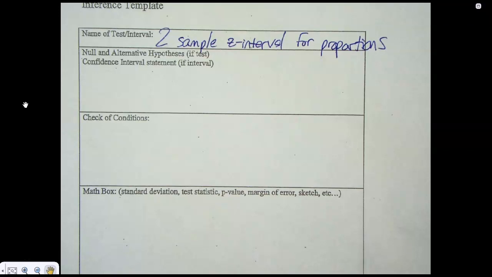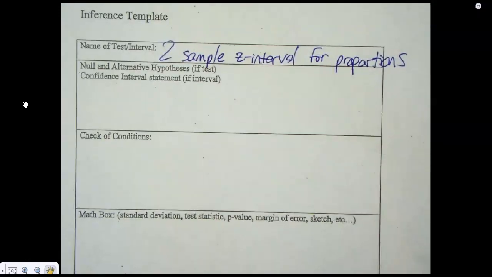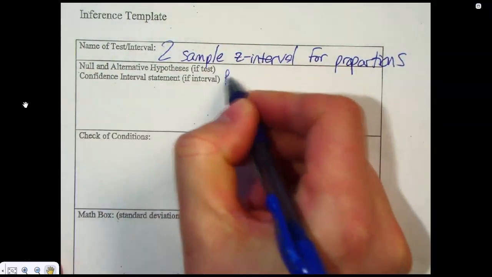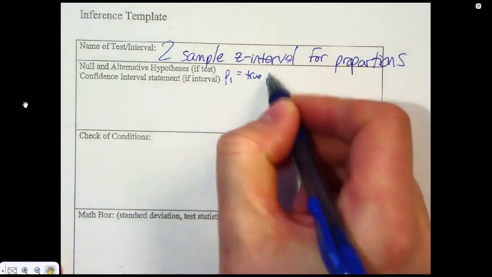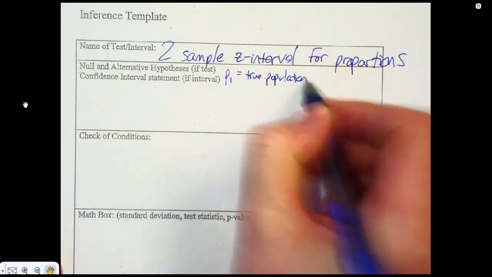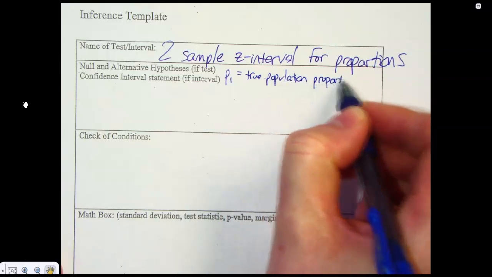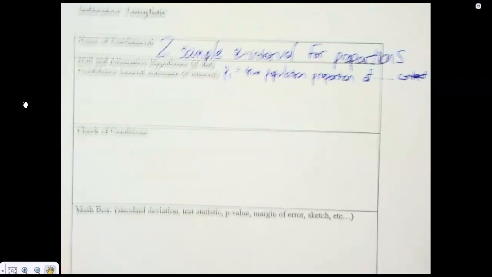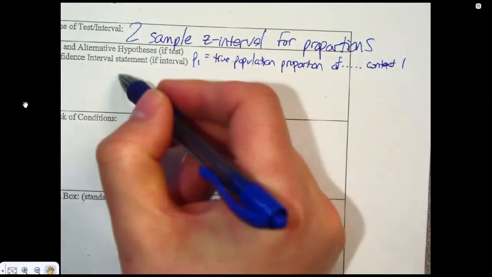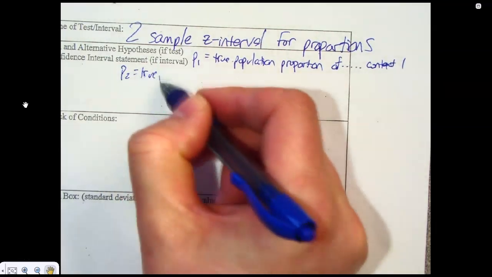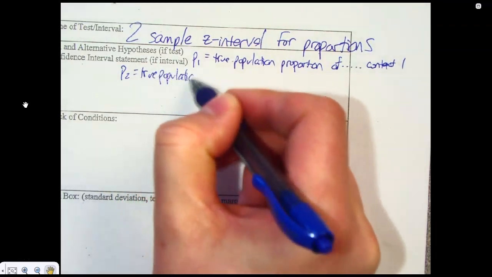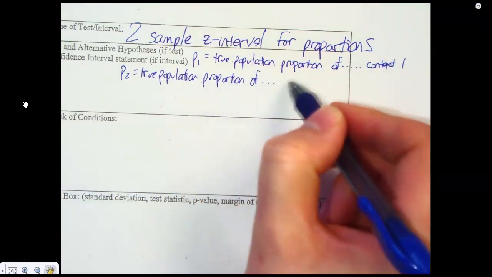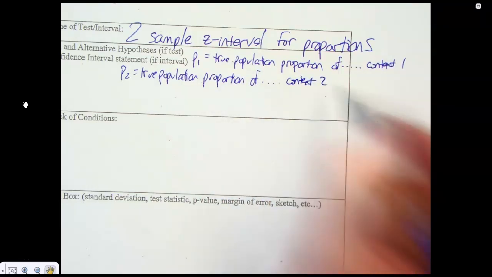We're going to write out the context a little differently because it'll save you time later and it helps you label things. So I'm going to write P1 equals true population proportion of context 1, and P2 equals true population proportion of context 2.